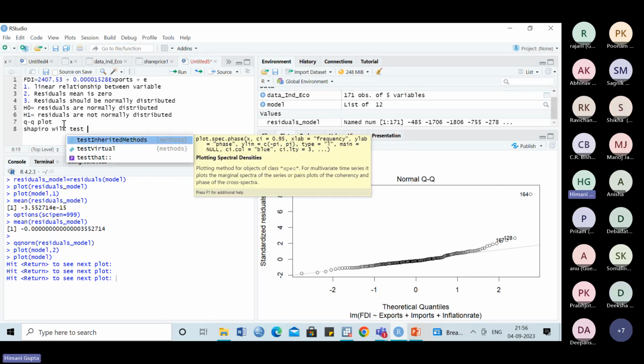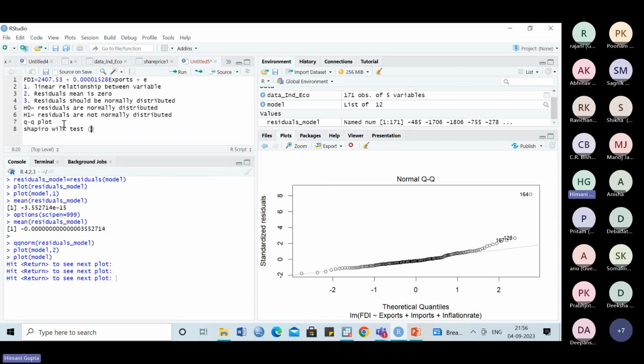When are we going to use the Shapiro-Wilk test? Whenever your observations are less than 50, you will use this test.